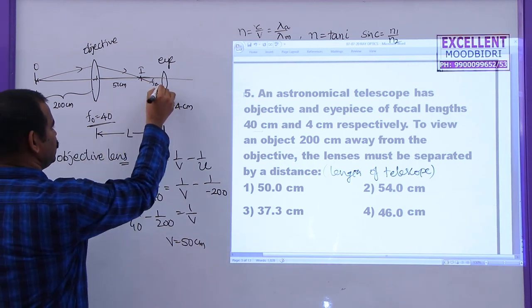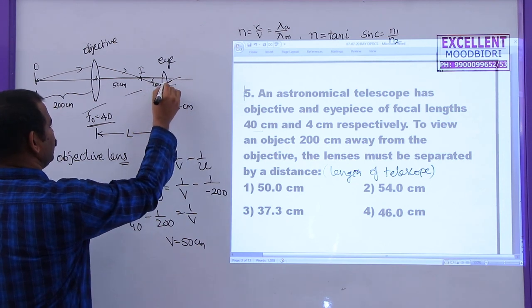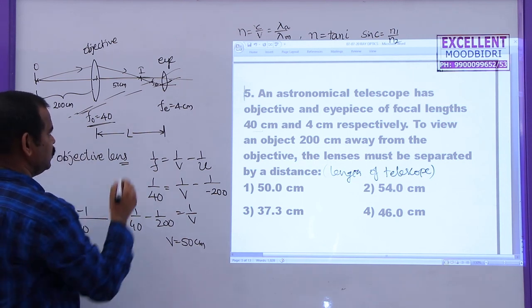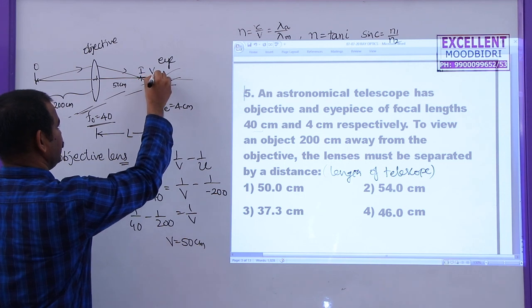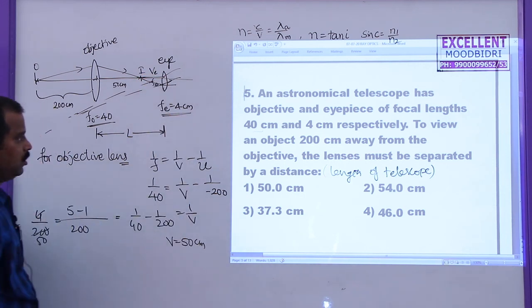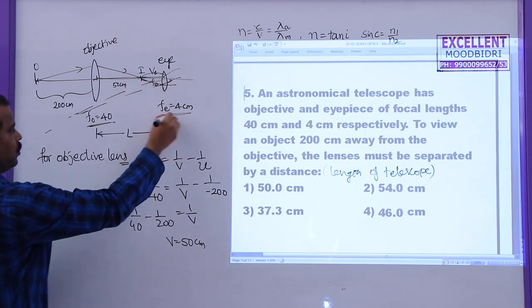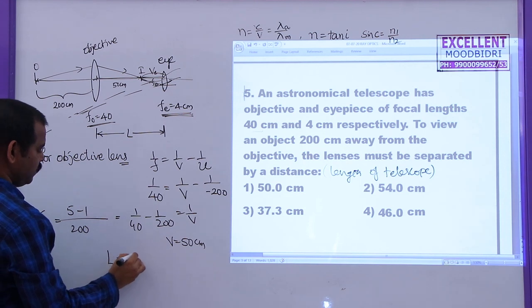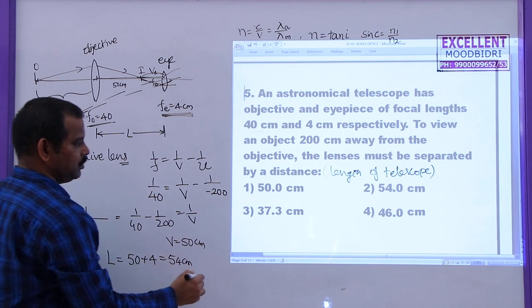So it will converge like this, and we know how to draw this diagram, and the image will be formed at infinity. For this to happen, this should be the object distance for the eyepiece, which is equal to the focal length of the eyepiece. So if it is 50 and this distance must be equal to the focal length of the eyepiece, the total length is given by 50 plus 4, that is 54 centimeters.